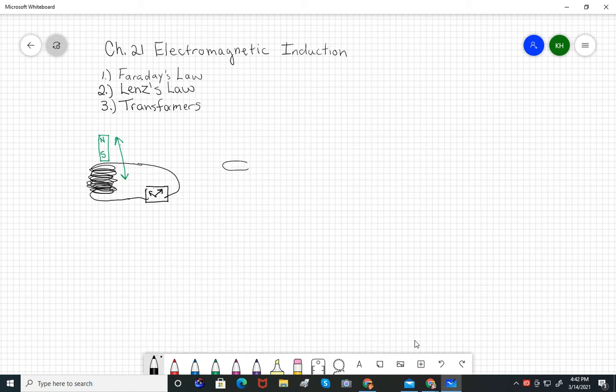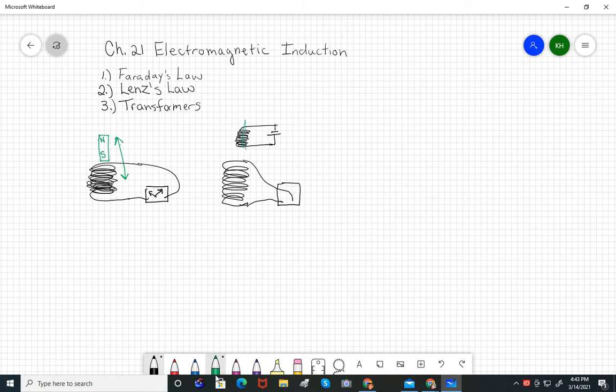Now, we can also do it with an electromagnet. We could take the same coil, hook it up to a meter so that we can see when it's got current. And instead of using that bar magnet, we could use a smaller coil that was connected to a battery. Remember, a battery will cause a current to flow. So if this is current flowing, it actually makes a magnetic field very much like that.